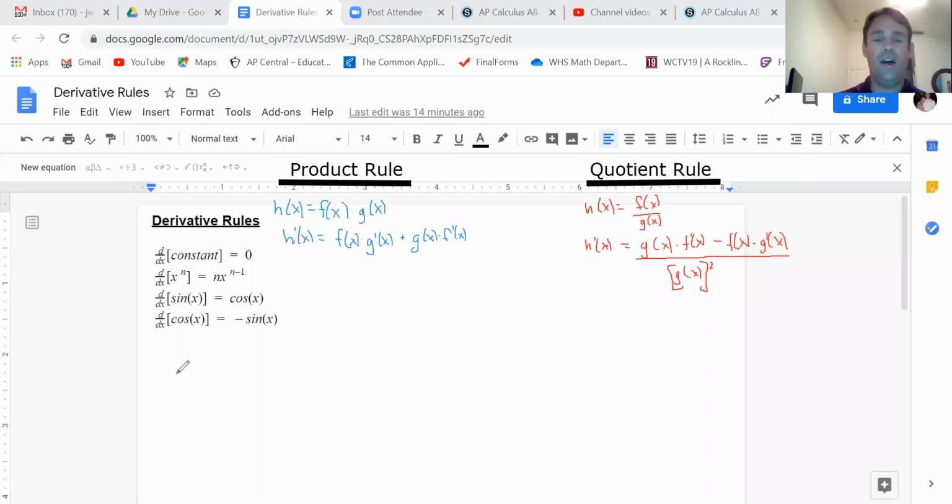What if I told you that f of x equals cosine x times the cube root of x plus 8.